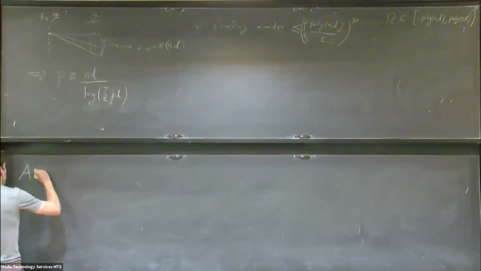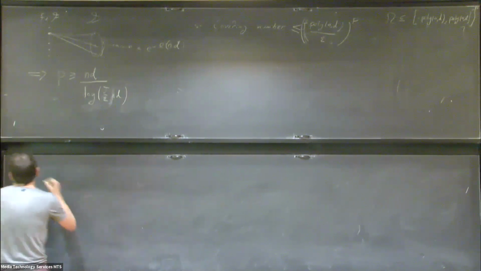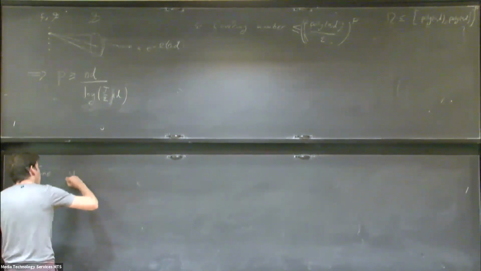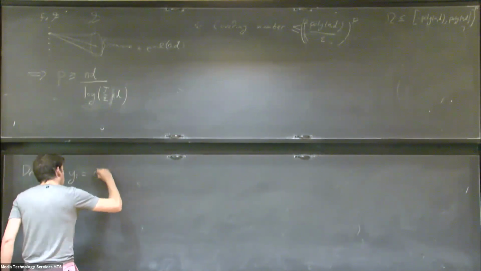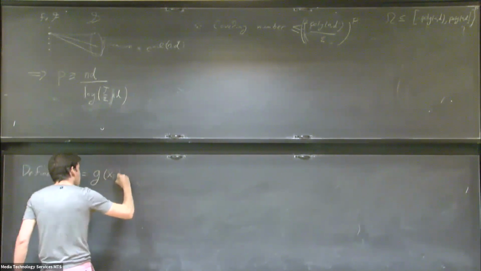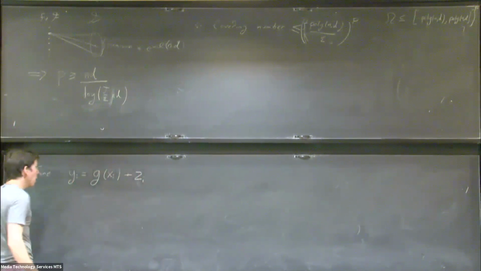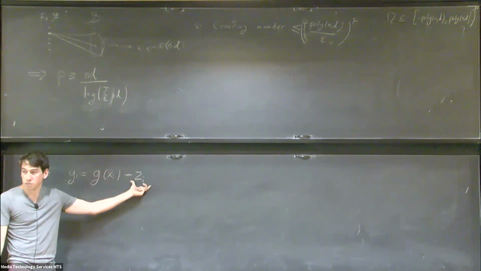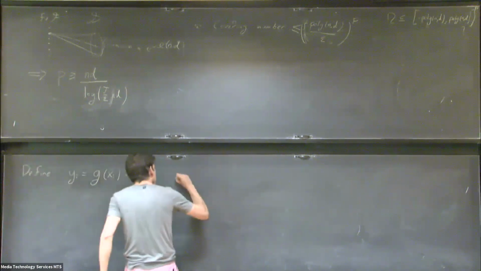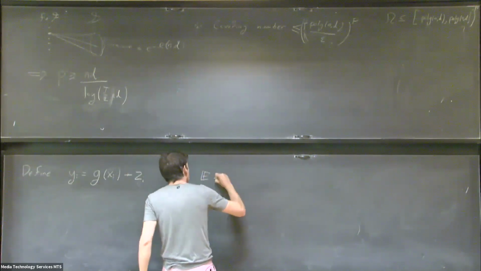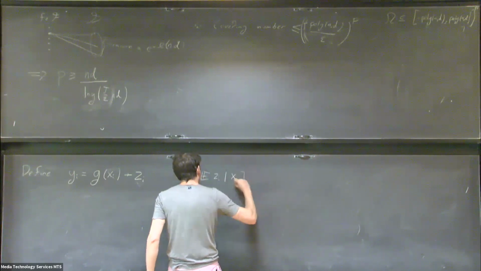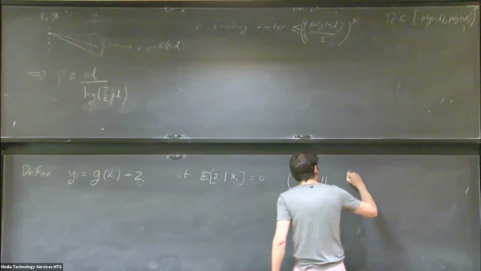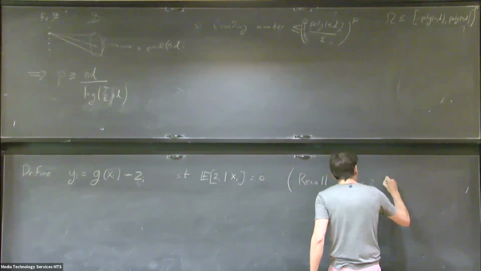First, let's define yi to be equal to some g of xi plus zi, where g is deterministic given xi, and zi is just noise. I want the expectation of zi given xi to be 0. And recall that our assumption is that the variance of zi is at least sigma squared.